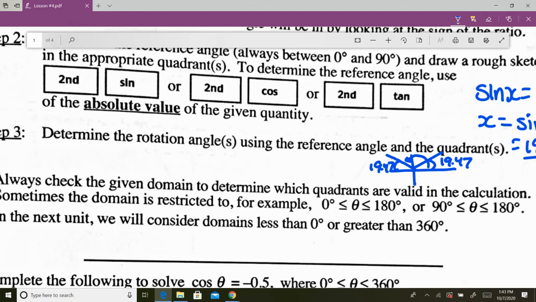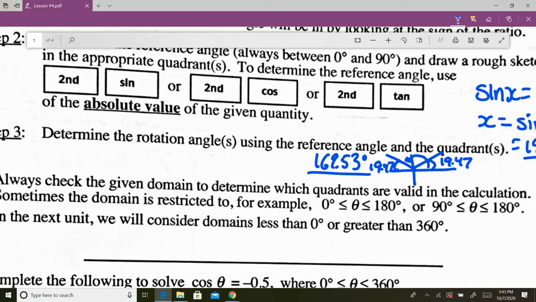It'd be 180 minus 19.47, so it'd be 160.53. That would be my rotation angle.